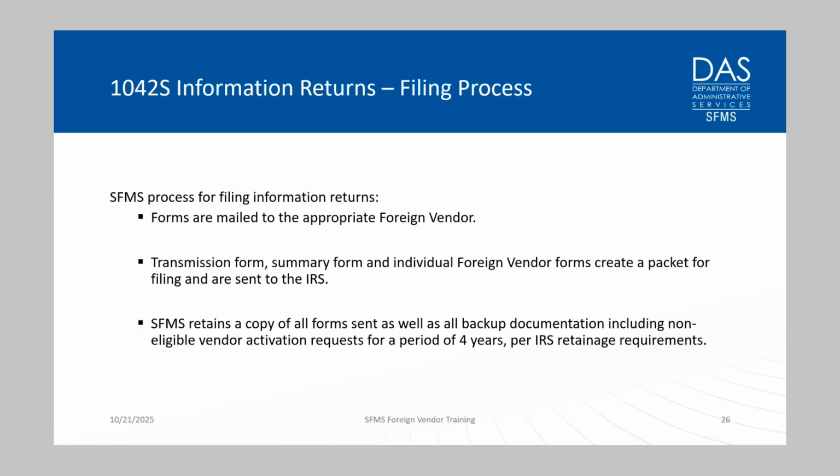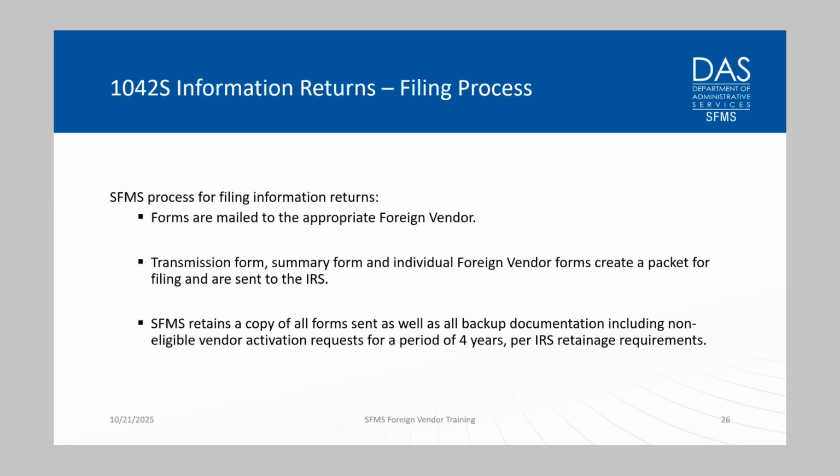We process filing information returns. The forms are mailed to the appropriate foreign vendor. We do a transmission, a summary form, and individual foreign vendor forms to create packets for filing, which are sent to the IRS. Like I said, right now the minimum jump-off point for electronically transmitting is 10, which means we're allowed 9.